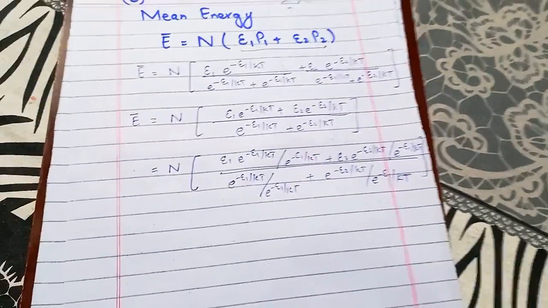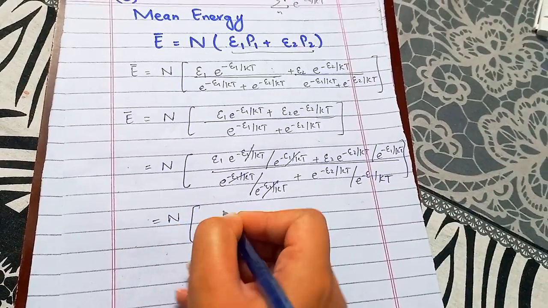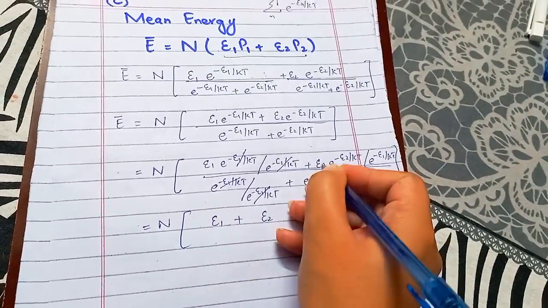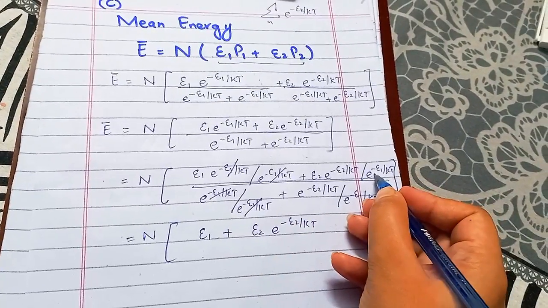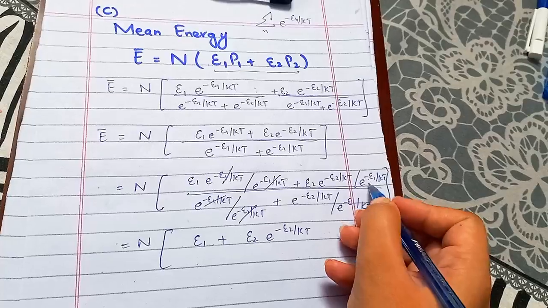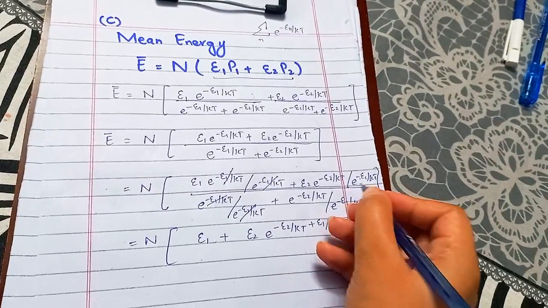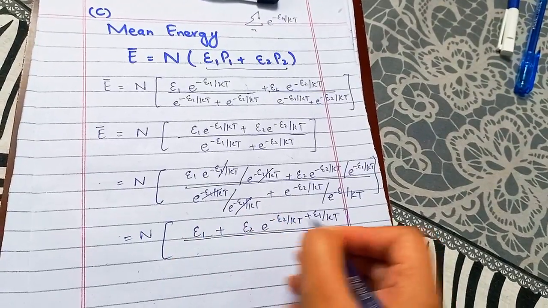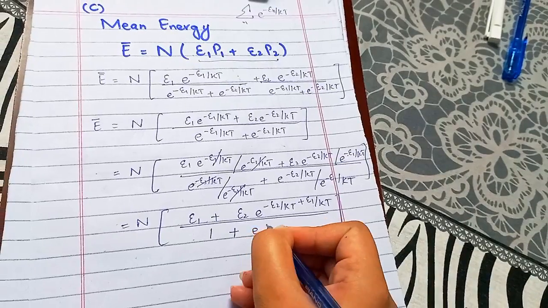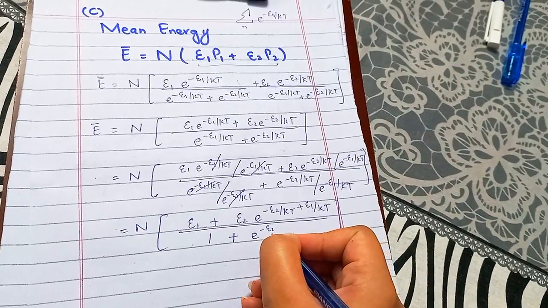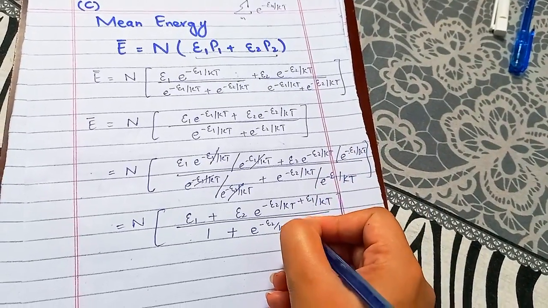Okay, this cancels out, so we are left with E1 plus E2 e to the power minus E2 by kT. Then it is a negative power in the denominator, so it will become a positive power in the numerator, and since both are under the base e, I am writing them under a common base e. 1 plus this becomes 1, and e to the power minus E2 by kT gets into the numerator with the positive power.